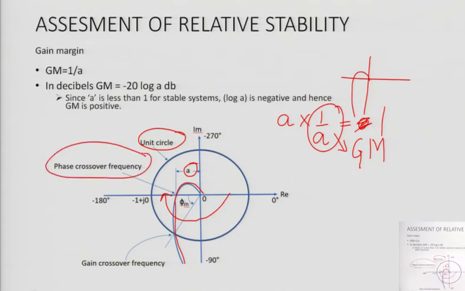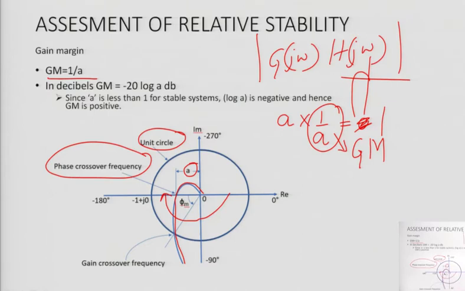As mentioned, gain margin is 1/A, and A is the magnitude of G(jω)H(jω) when the phase angle is minus 180 degrees.